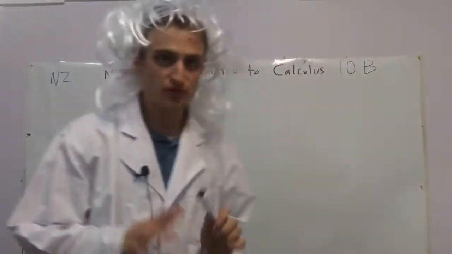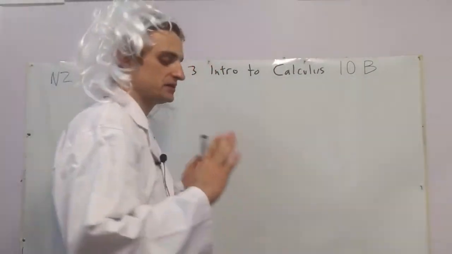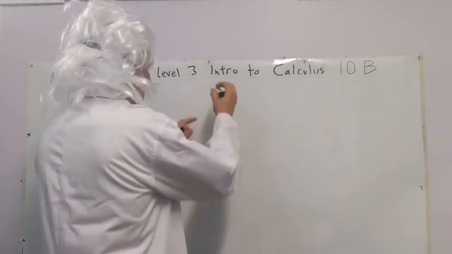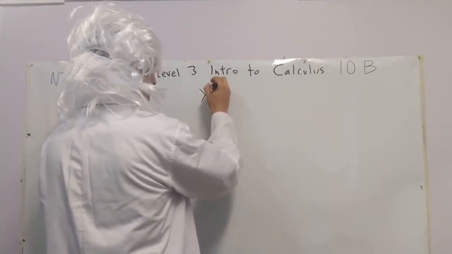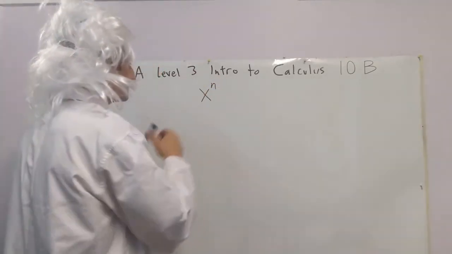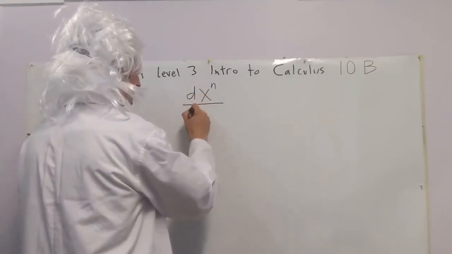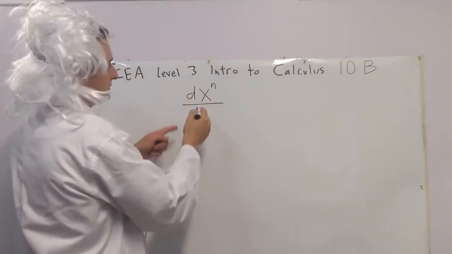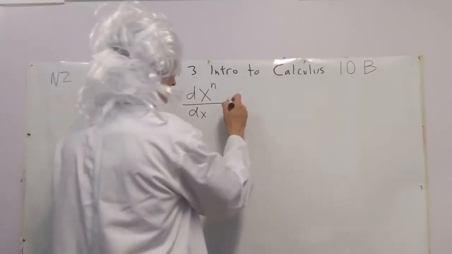For question number 4, I'll just teach you the power rule really quick. I won't derive it, I'll just state it, which says that if you have x to the n and you want to take the derivative of it, we go d over dx of x to the n.